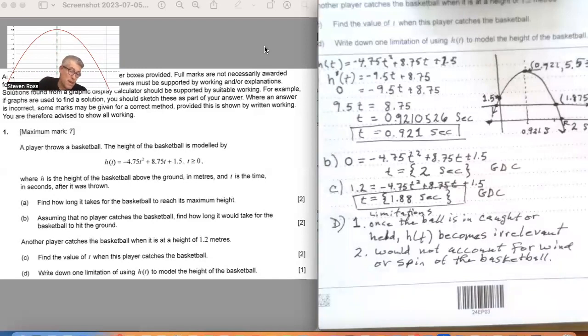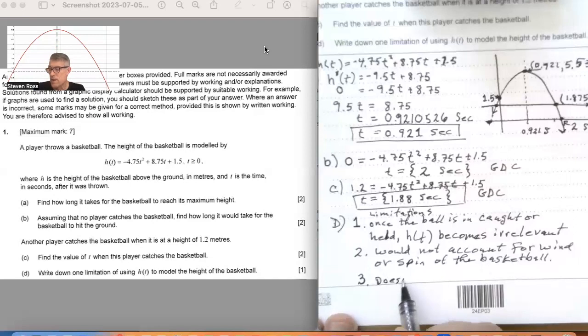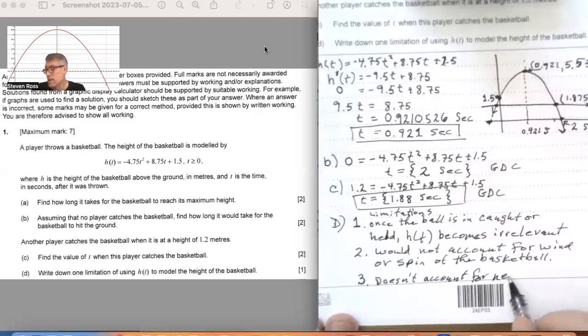Maybe it's not going to take that kind of motion if it's lopsided or if the wind is pushing it or things like that. That would be a totally physics type of an answer. Like we're assuming that the motion is going to be perfectly parabolic. Another possibility, and I don't think this is a very strong answer, it's why I put it last, but doesn't account for negative answers.